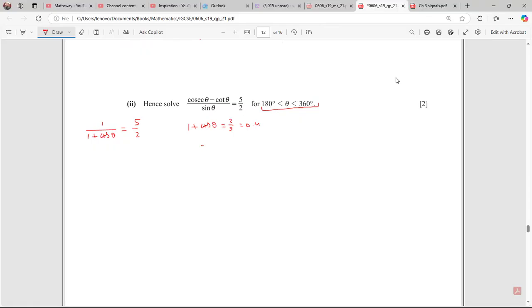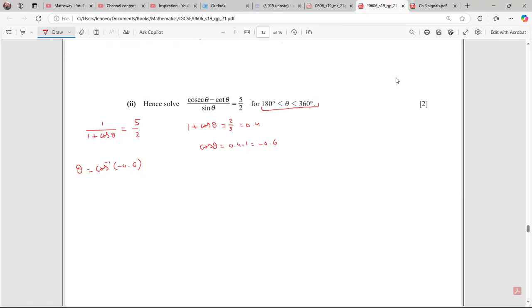So you can see cos theta is equal to 0.4 minus 1, so this is minus 0.6. So theta is equal to cos inverse of minus 0.6, right?